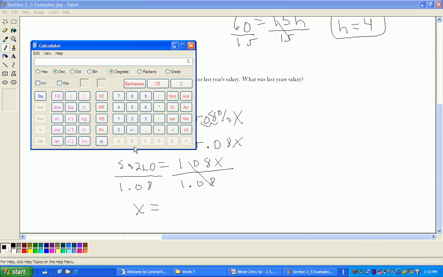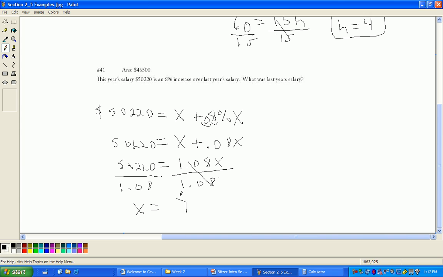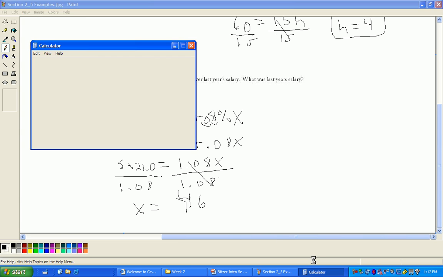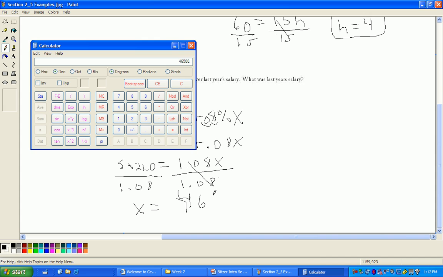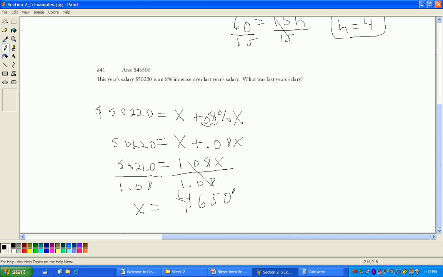This one is already set to scientific, so we'll check this calculation. 50,220 divided by 1.08 is equal to 46,500. Sure enough, that's the answer in the back of the book.